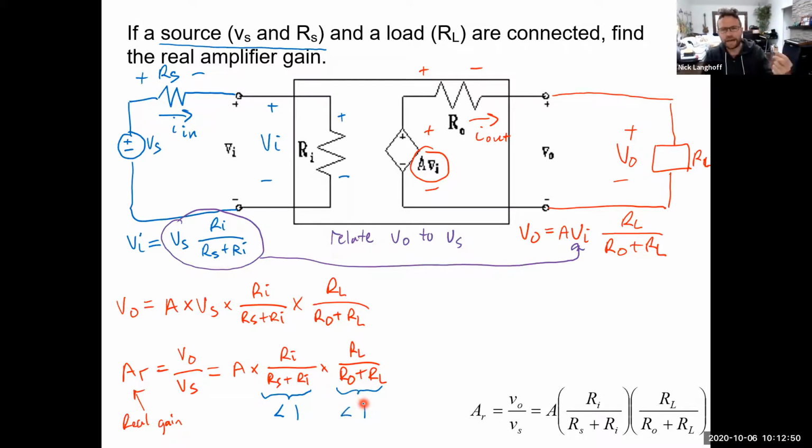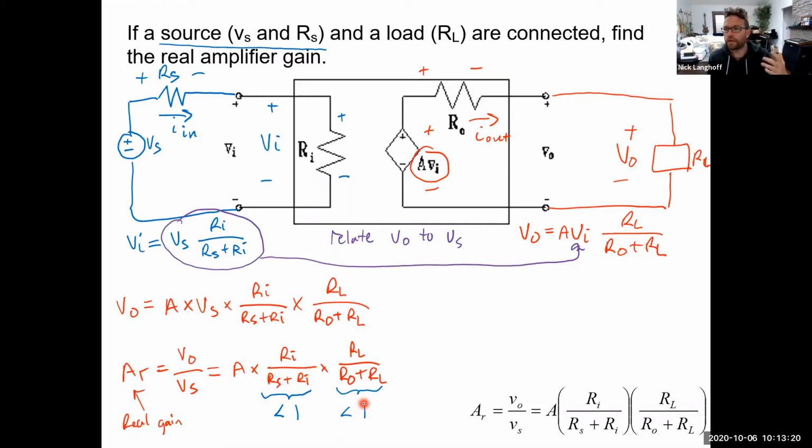So the real gain of the system is going to be the unloaded or open circuit gain, A, times two factors that can never be bigger than 1. So the real gain is always lower than the open circuit gain of the amplifier. And when I say system, I mean the whole thing connected, where you've connected an input source to the amplifier, and that amplifier is now driving a load.